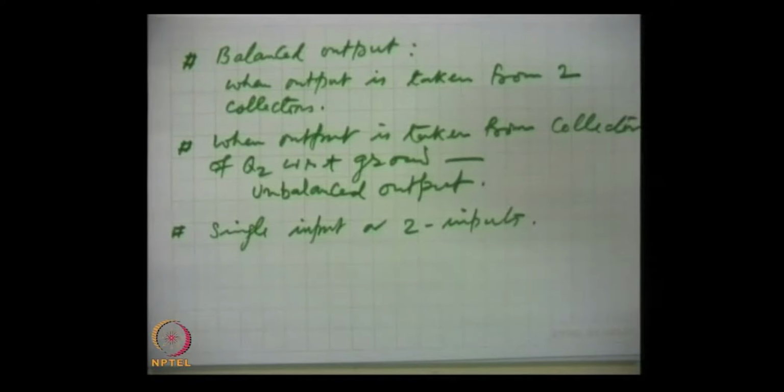There is no restriction that essentially we will have to use two inputs. We can ground one and the other we can use as an amplifier. So, this gives rise to different variants.